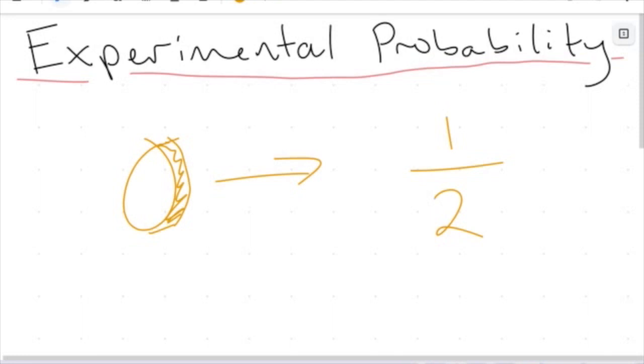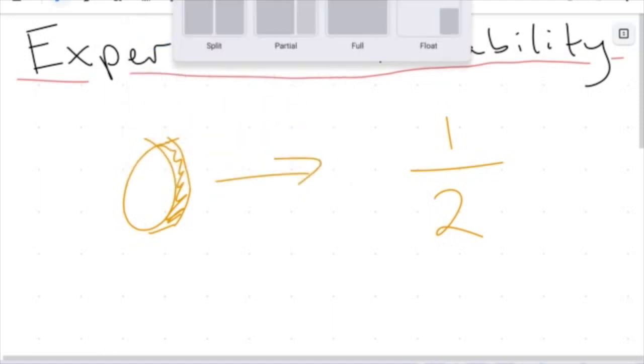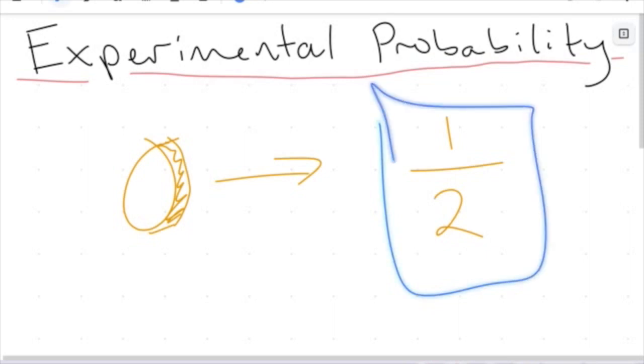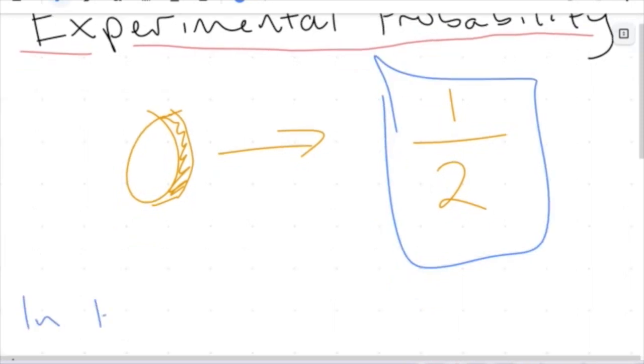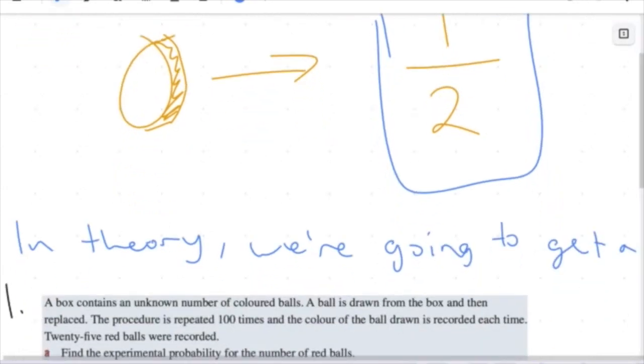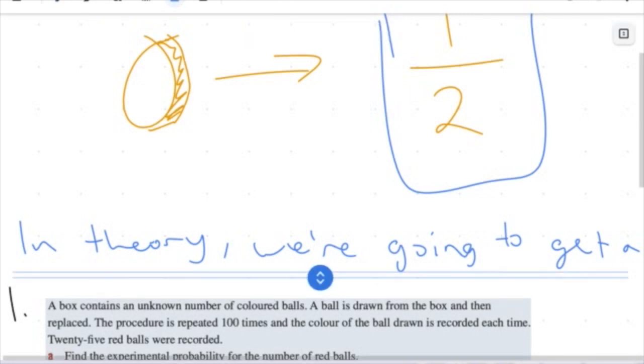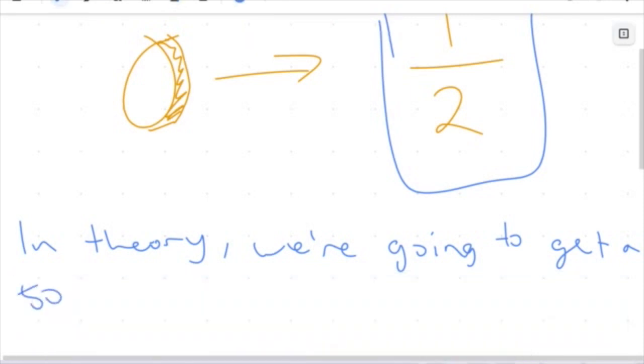Now, what we are actually doing here, what our number is telling us, is that in theory, if we were to flip a coin, we're going to get a 50% chance, or a 1 in 2 chance, of heads or tails.